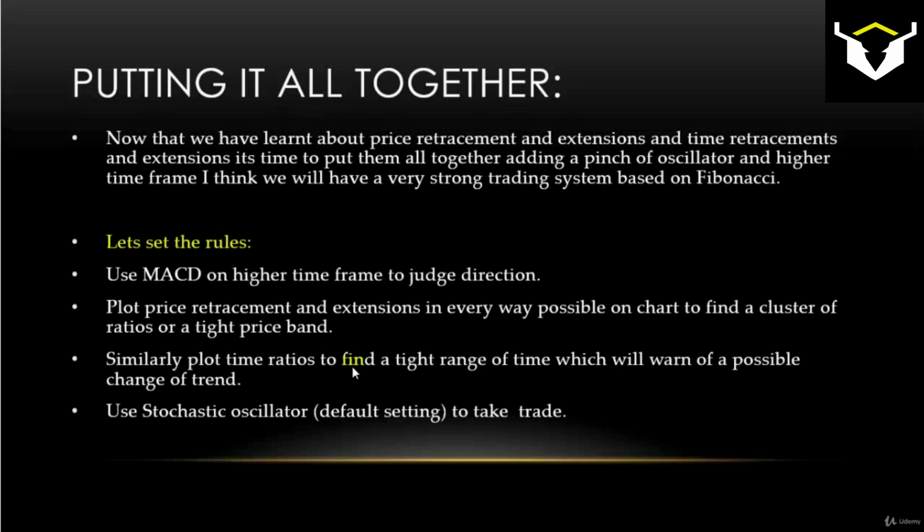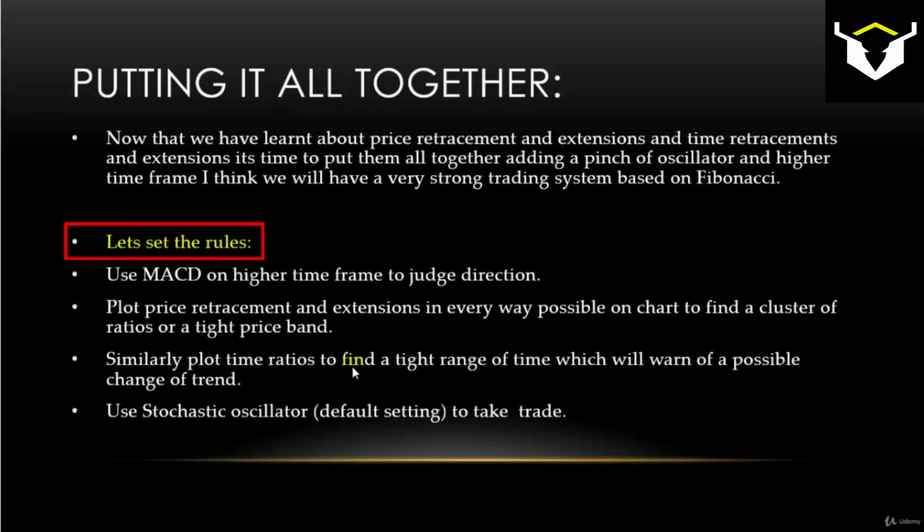Similarly, price and time extensions are also the same: 127, 138, 161 and so on. We have learned price and time retracement and extensions, how to plot them and how to exploit them to our advantage. Now we will put it all together.